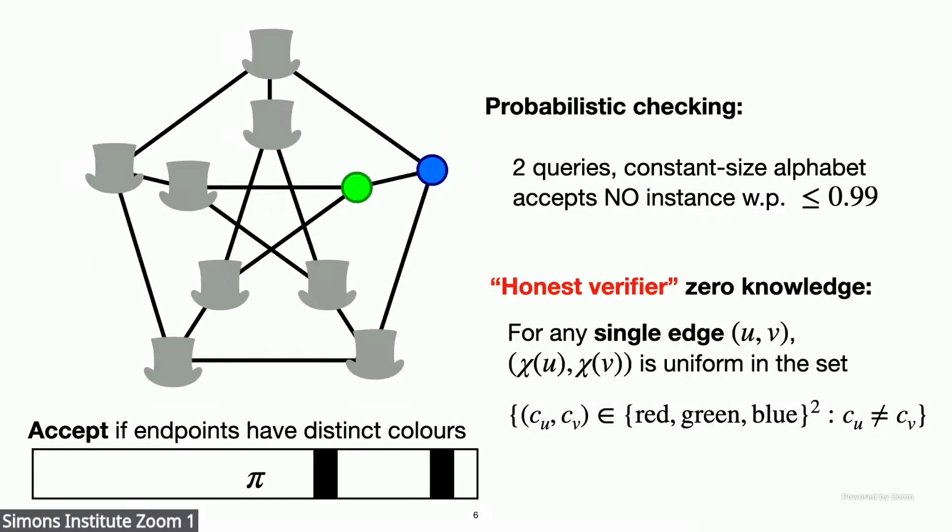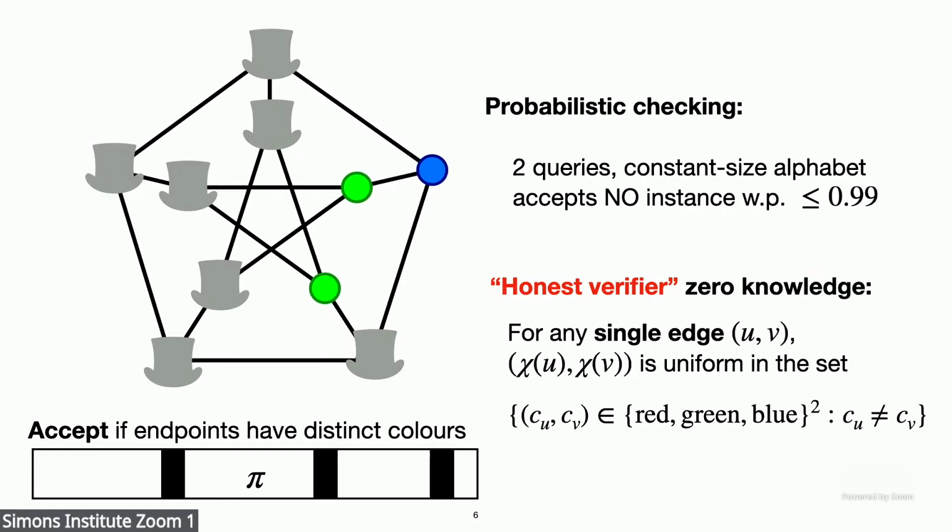Okay, so this is not zero-knowledge in the sense that we want. In particular, if I lift 2 hats that are not on an edge, then maybe I see 2 colors that are the same, and now I know that in this coloring, the 2 colors are the same. This is no longer something I can simulate. No matter what permutation I apply, I may see 2 colors that are the same on some non-edge.